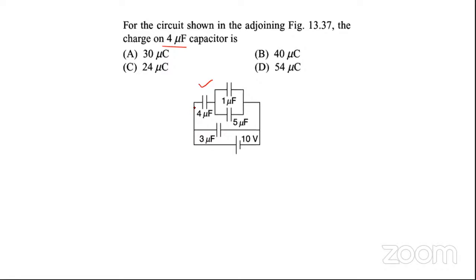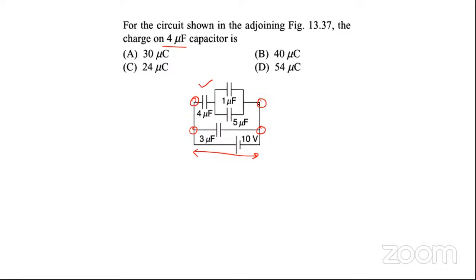We'll take the voltage. We know that 10 volts is over here, so at these points the difference is 10 volts, as well as at these points the difference is also 10 volts.